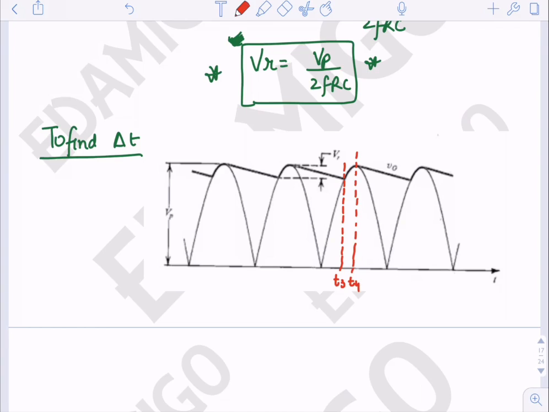Okay, so Vo is equal to Vp cos omega t from time instant t3 to t4. And for simplicity we can say that t4 time instant is 0 and t3 time instant is minus delta t. Okay, so that is from minus delta t to 0.